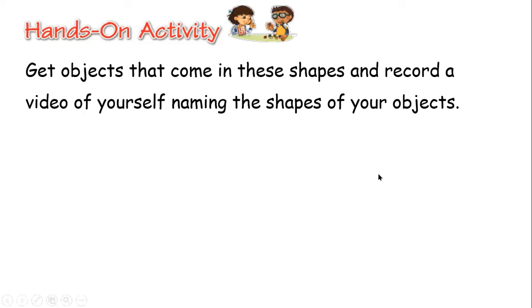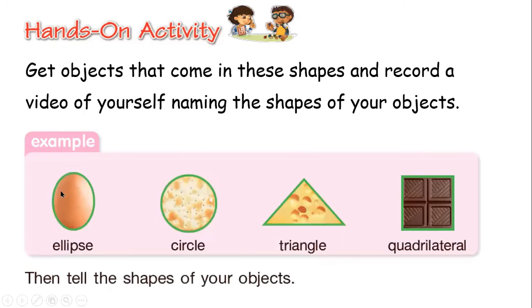Okay, for example, you can get like an egg, and then you can show around it that this is in form of an ellipse. Okay, you can get like a biscuit or anything that is in form of a circle. It can be like a plate, maybe like a cup, anything that you see that is in a circular form.